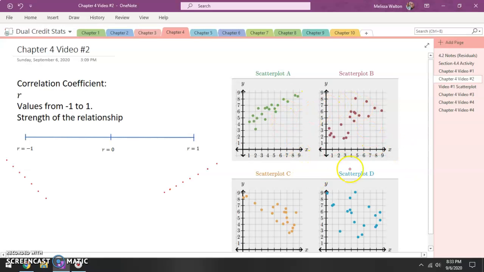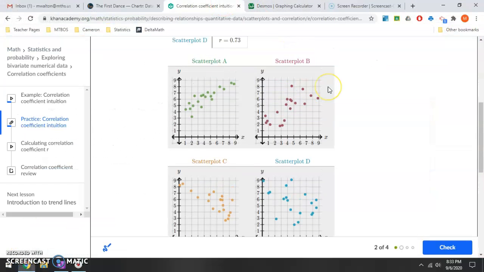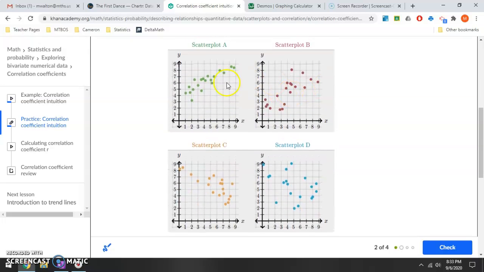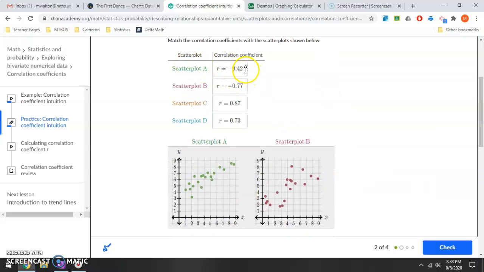All right, we're going to do just a quick matching activity with this. I'm not typically a huge Khan Academy fan, but well, this one isn't too bad. So we have 4 scatter plots, the same ones that I showed you earlier, and 4 different r values. We have -0.42, -0.77, 0.87, and finally 0.73.